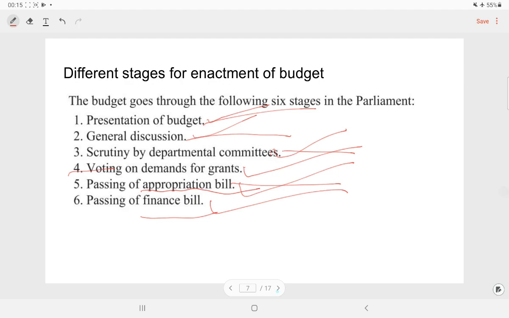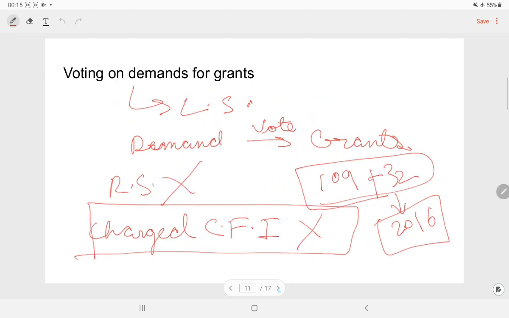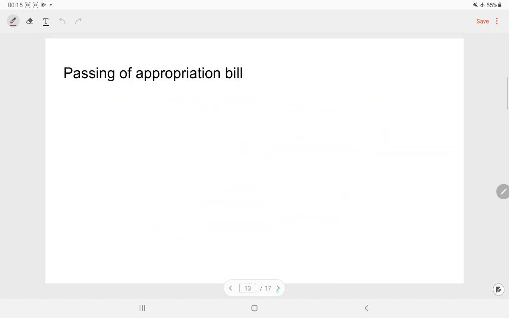After these demands are approved, there is the appropriation bill, which is very necessary to form a budget, because no money shall be withdrawn from the CFI except under appropriation made by law. This is under the Constitution of India, and the Constitution clearly defines this.